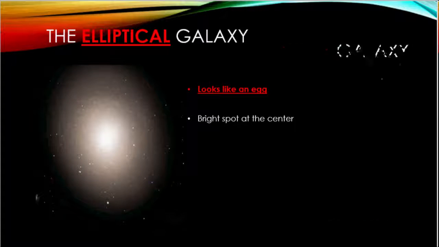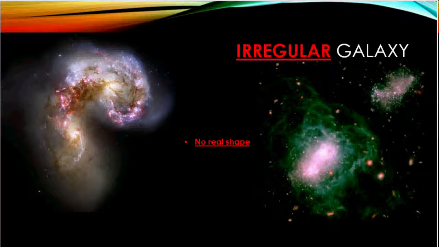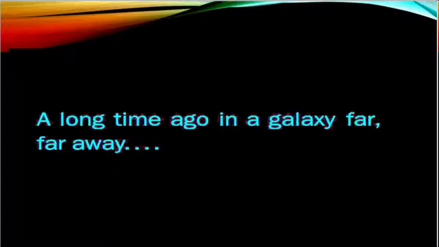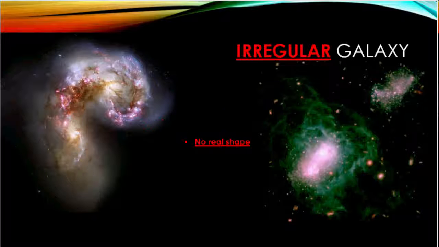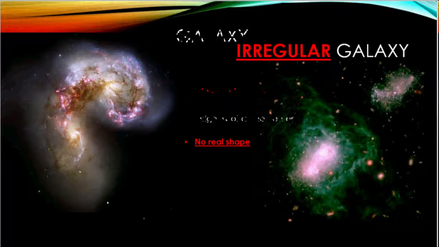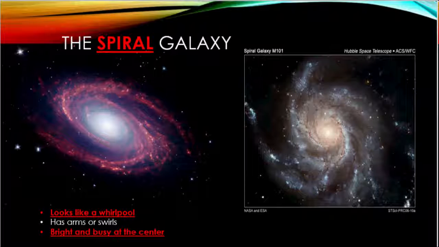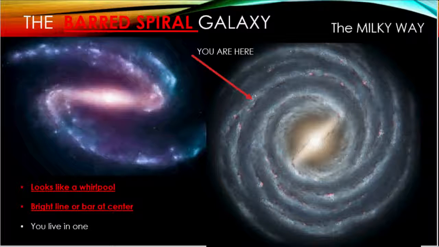We have an irregular galaxy, and don't forget also that galaxies are made up of stars, planets, and dust. Gas could be in there too. All right, so the types of galaxies, you're going to draw pictures of these. You're going to do an elliptical, an irregular, a spiral, and a barred spiral. And those are the four types of galaxies.